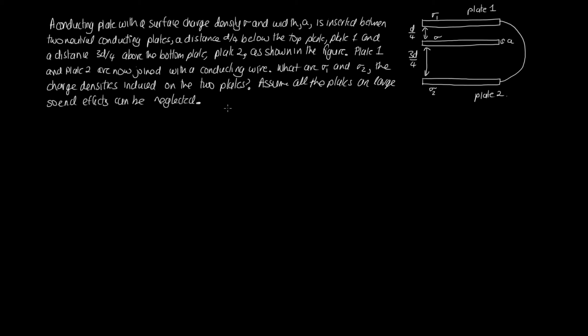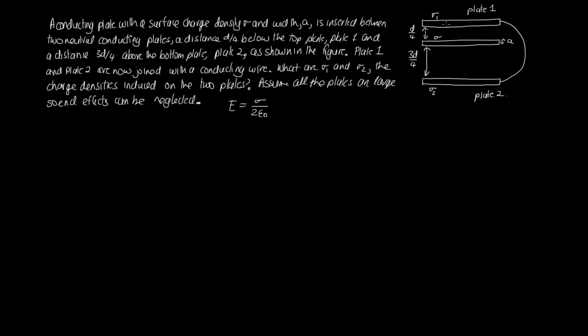So a useful thing to remember is that previously we have derived the expression for the electric field around a large plate, and the electric field is equal to the charge density divided by 2 epsilon naught. So let's consider what the electric fields are going to look like in our configuration here. Well, when we insert a plate with charge sigma, let's assume that sigma is positive.